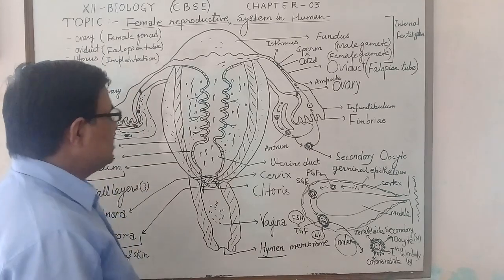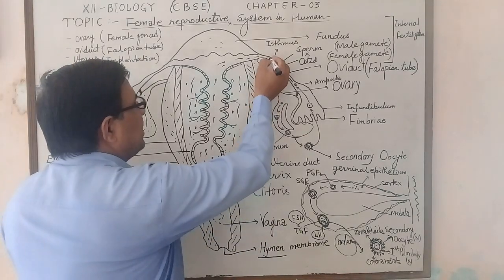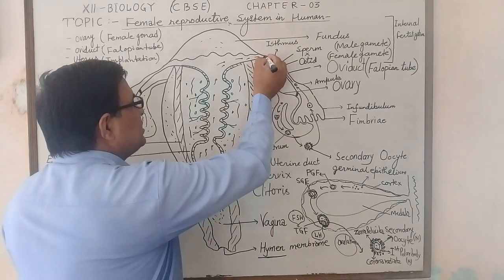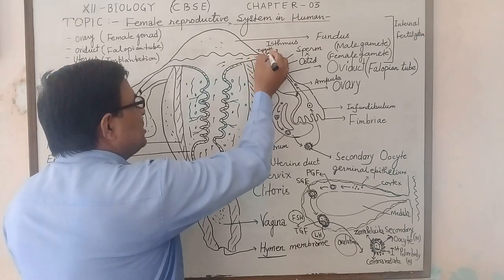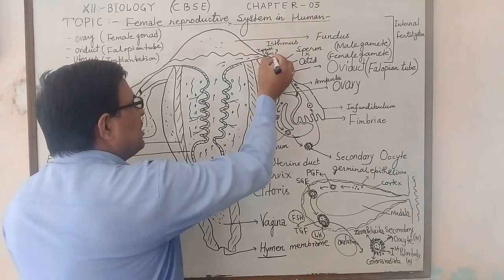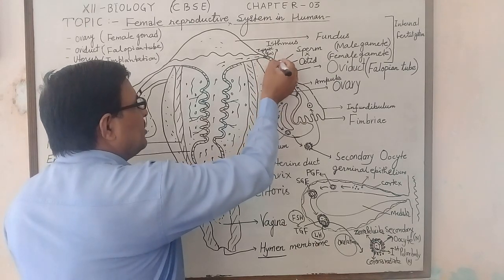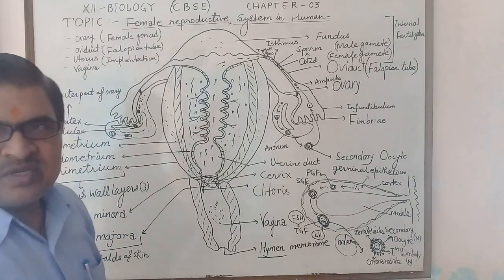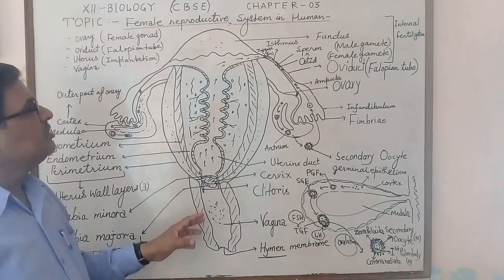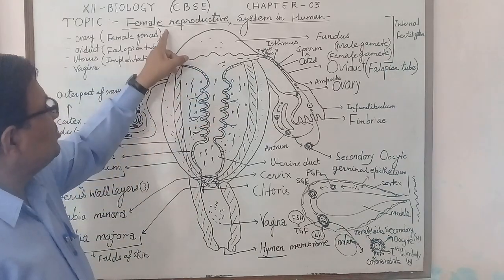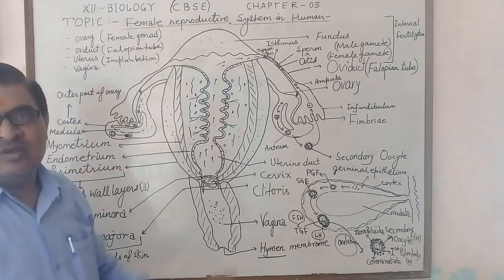Then a single cell develops, called the zygote, which is a diploid structure, as it is the first cell produced in the oviduct which starts embryonic development. So this is the complete discussion about the female reproductive system in humans. Okay.